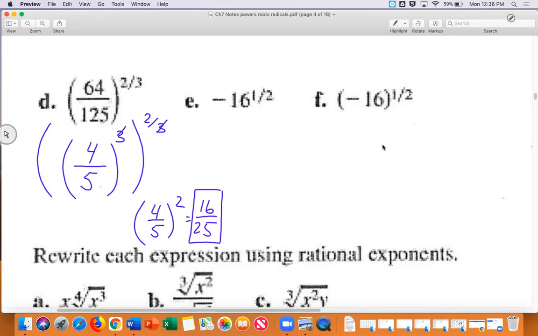The answer is not, because look at E and F. F says negative 16 to the 1/2, and the other one says the opposite of 16 to the 1/2. So first off, what is 16 to the 1/2, Lance? No, don't use a calculator. Think about it.